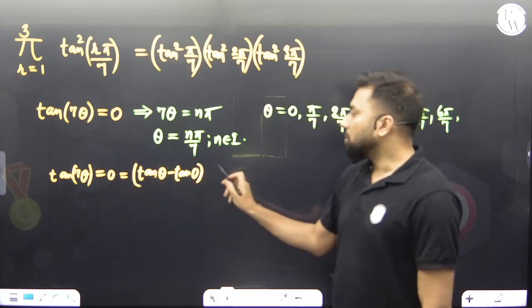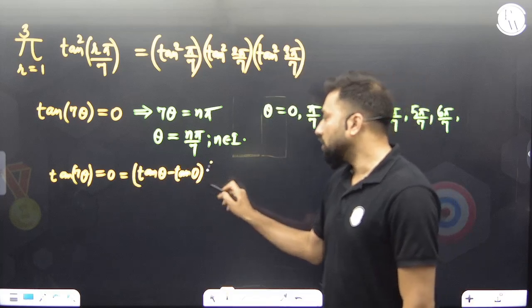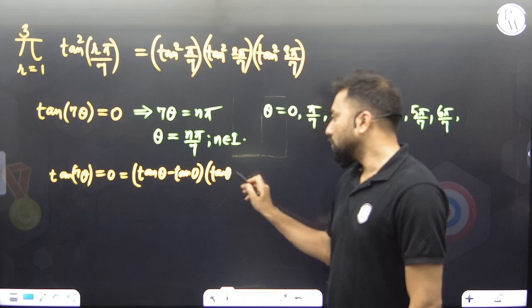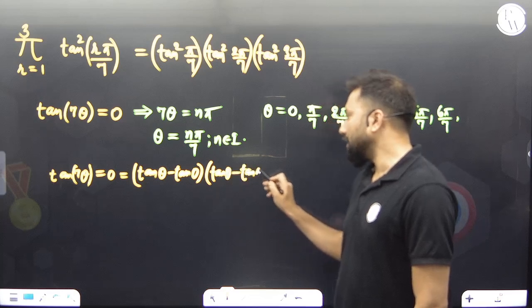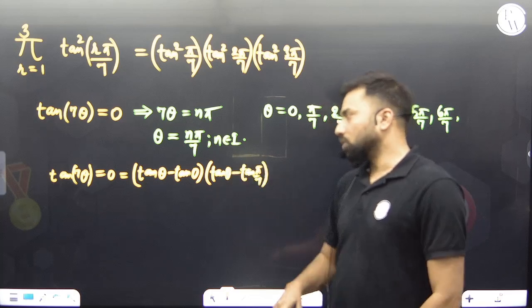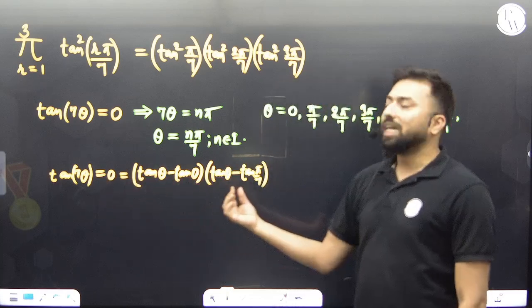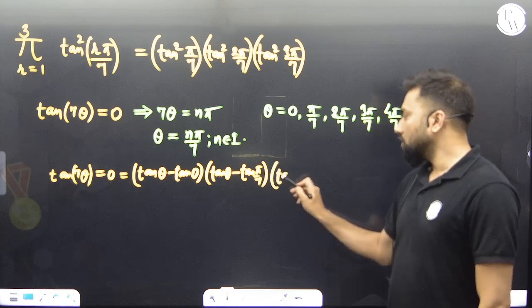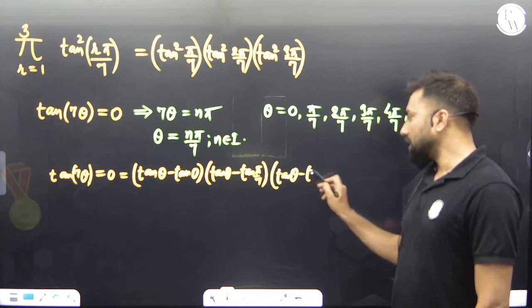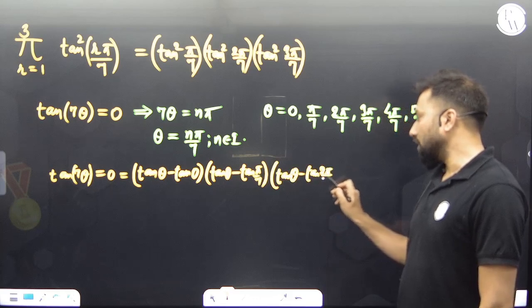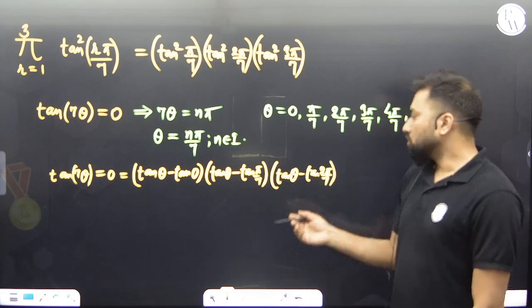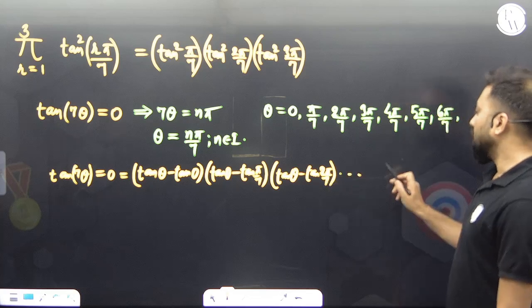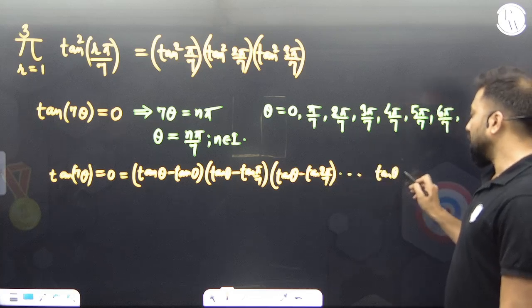Similarly, tan theta minus tan of pi by 7 is a factor, because this equals 0 implies this equals 0 as well. Similarly, tan theta minus tan of 2 pi by 7 is a factor as well, and this goes on till tan theta minus tan of 6 pi by 7.